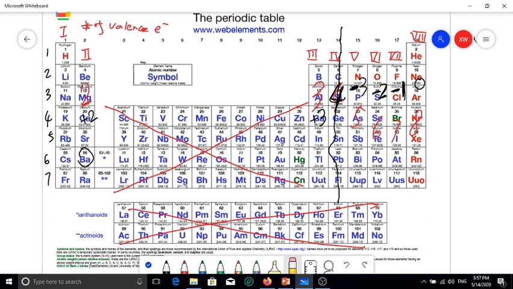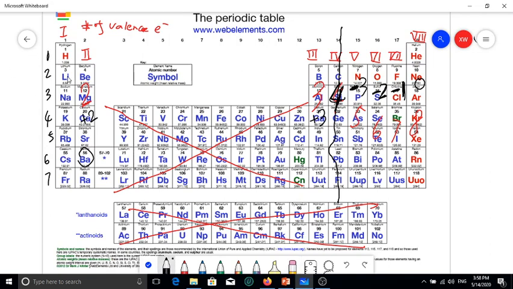Using the first group as an example, we can easily say all of these elements have 1 valence electron. But we can further look at the period number. Hydrogen has 1 valence electron, which is its only electron anyway, so that electron is located on the first layer, as the period number shows.